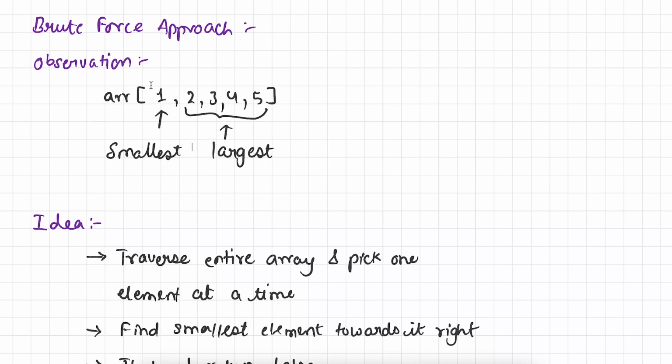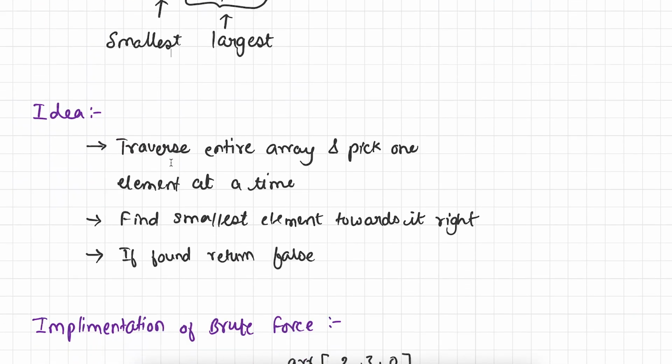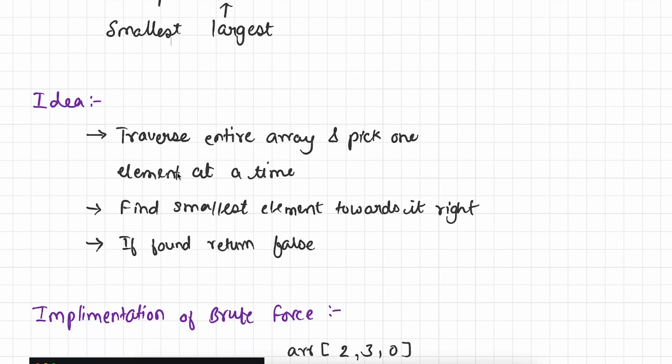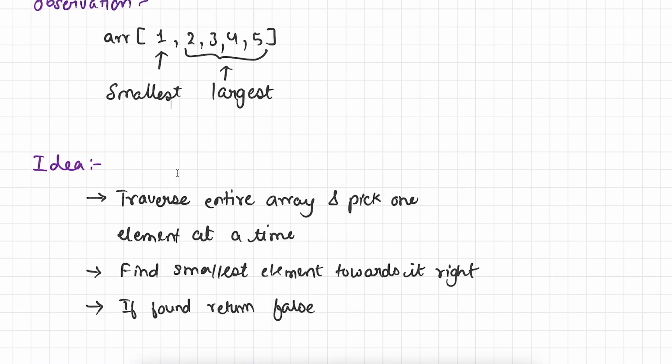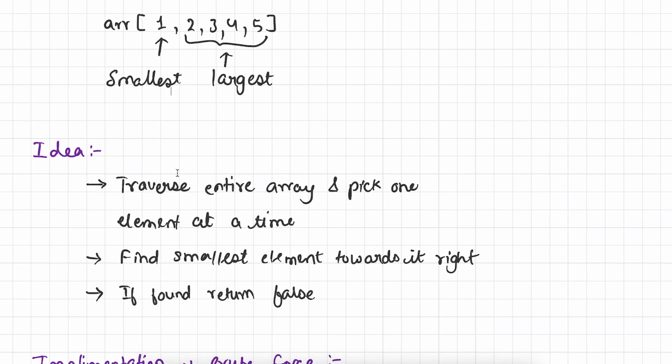It means 1 is the smallest element among all the elements and all the elements towards the right of it are larger. Okay, so based on this observation, the idea is really simple. We have to traverse the entire array and pick one element at a time, and then for each number we have to find a smaller element towards the right of it, and if we find any smaller number we simply return false. So this is the basic idea to solve this problem.